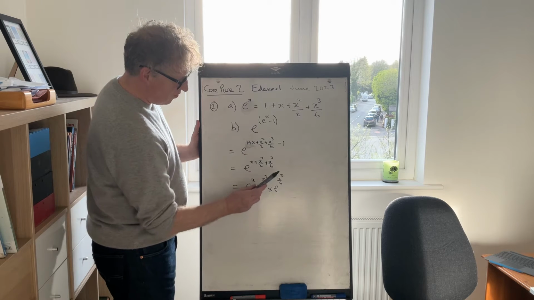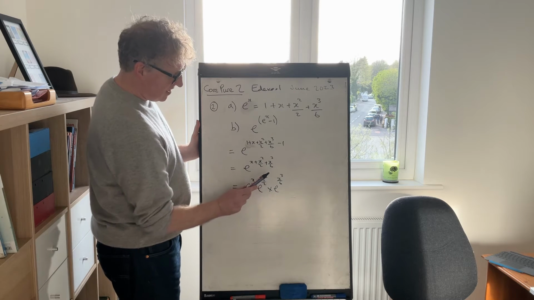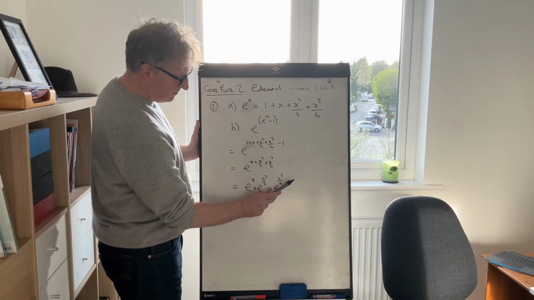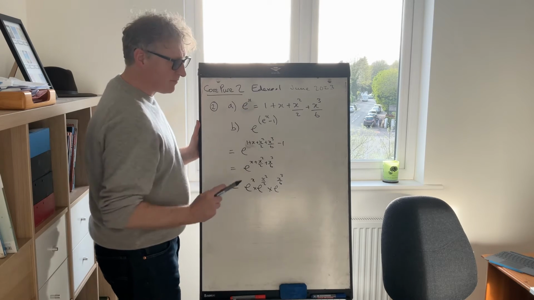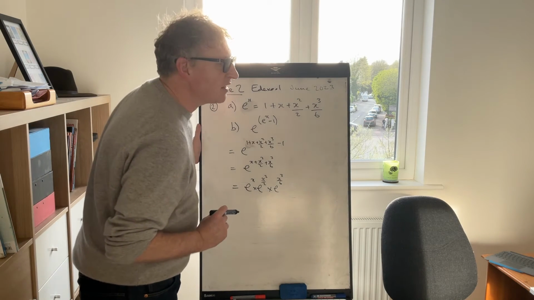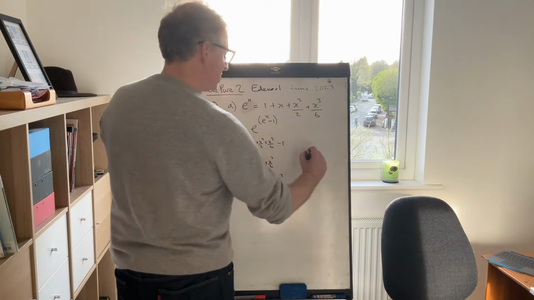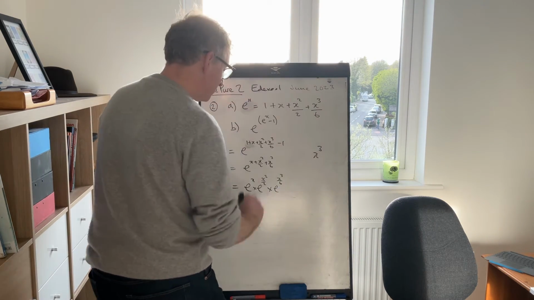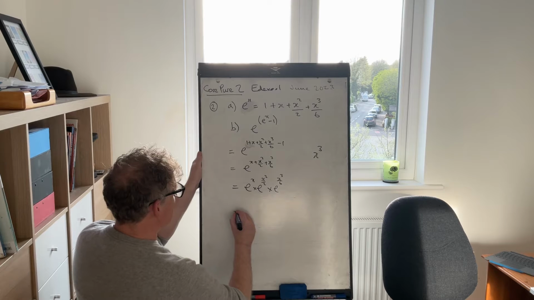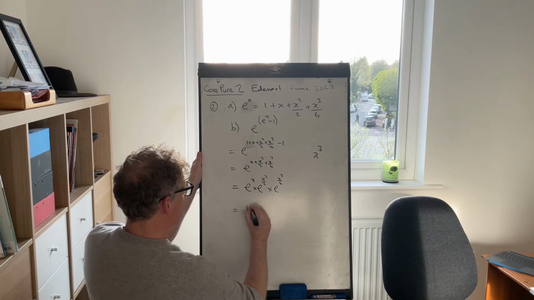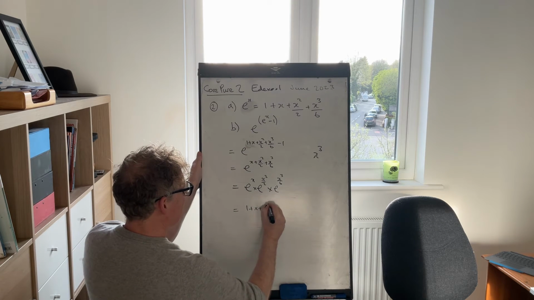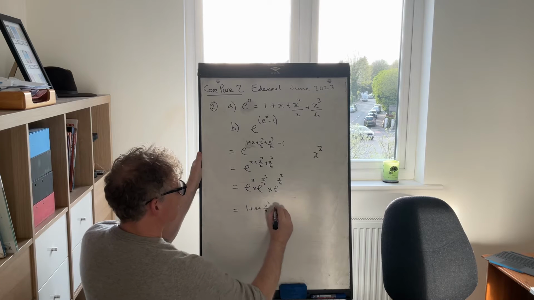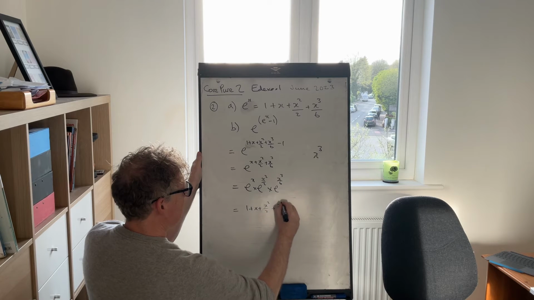So now we are going to do each of the expansions of these multiplied together. Now we only want the terms up to and including x cubed. So e to the x, we know what that is, it's up there. So 1 plus x plus x squared over 2 plus x cubed over 6.